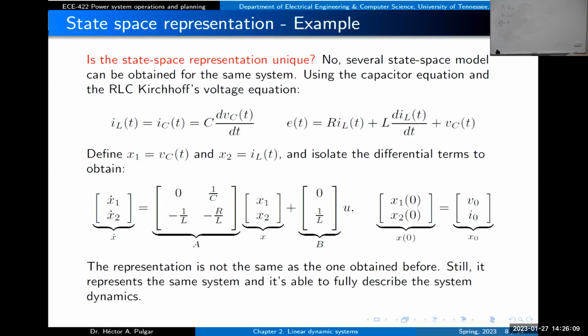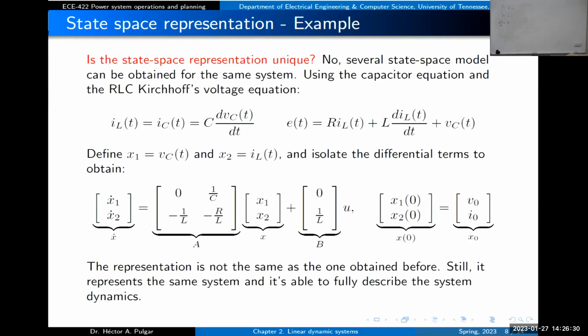So you have this on this side divided by L. You have negative 1 over L times VC, which is x1. That's what you have right there. And finally, you have this excitation E divided by L. That's what you have right there.